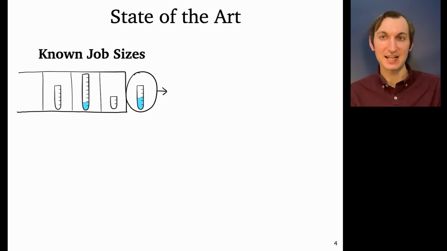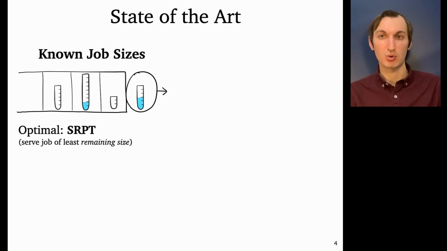And the policy that gets jobs out of the system as quickly as possible is SRPT, shortest remaining processing time. This always serves the job of least remaining size. And it's simple to show that SRPT is in fact optimal among all policies for minimizing mean response time. But it requires knowing each job size.